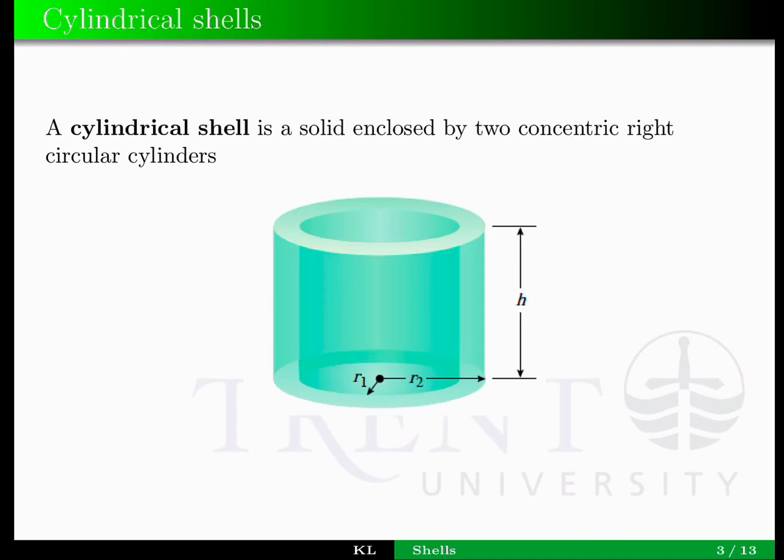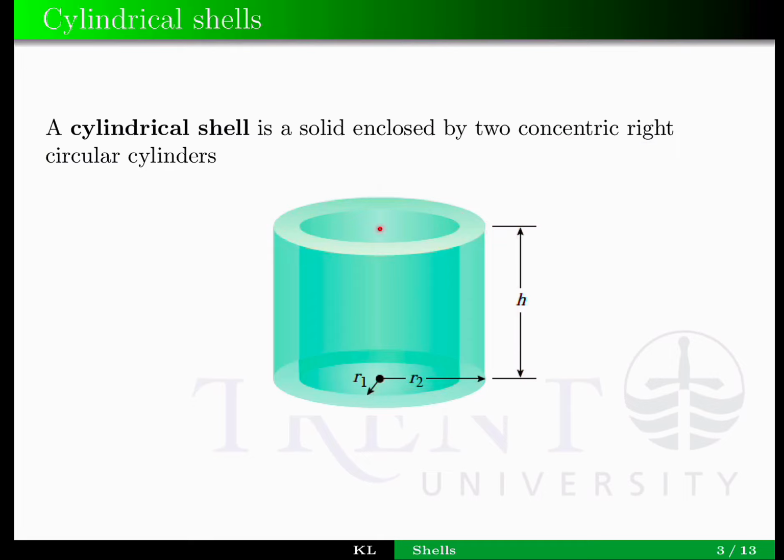Now, if we want to find the volume of this cylindrical shell, given that the height of our cylindrical shell is h, the outer radius equals r sub 2, and the inner radius is equal to r sub 1.